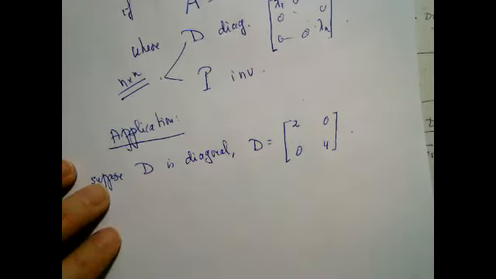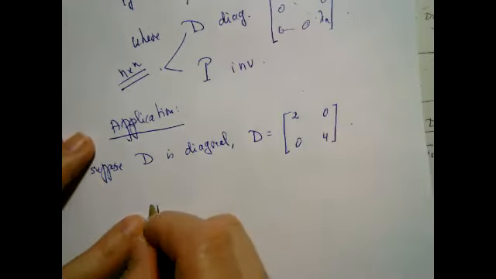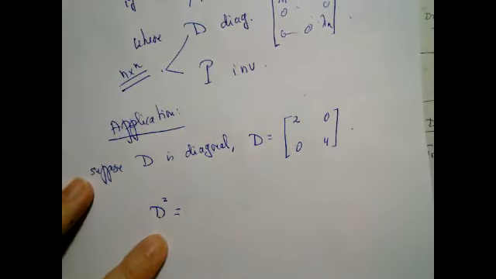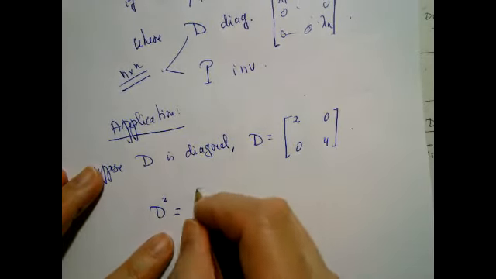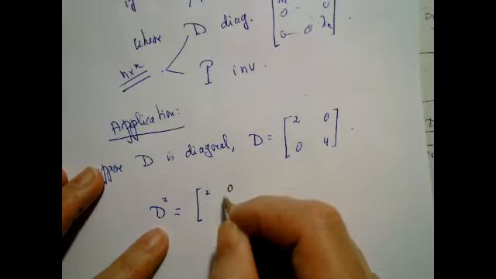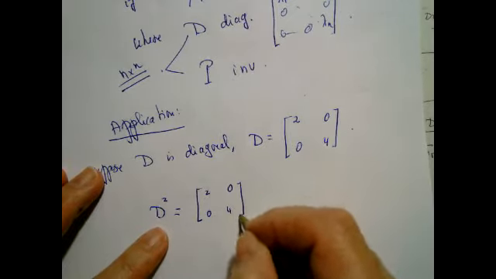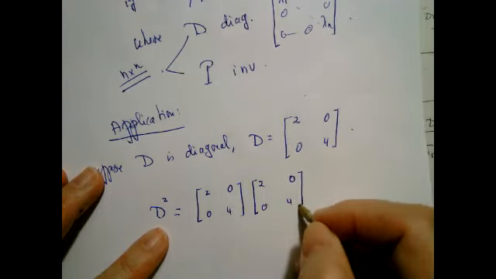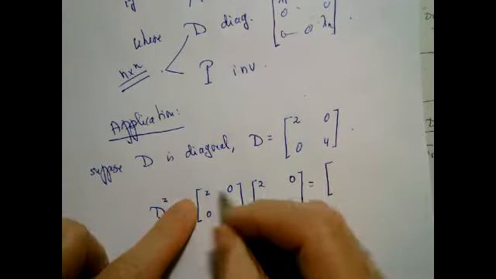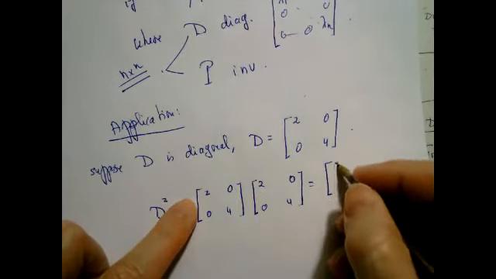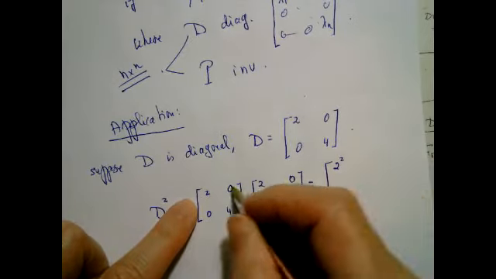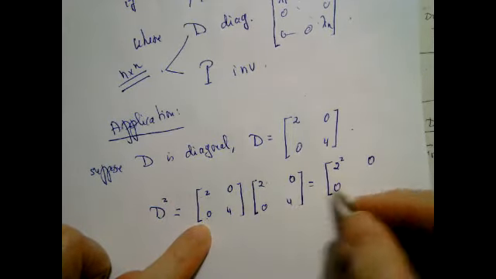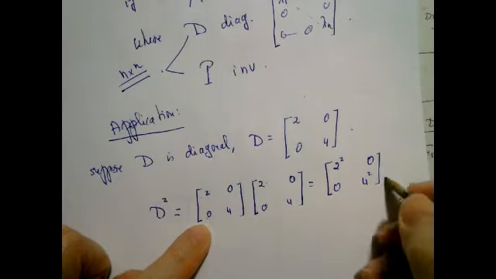And I'm going to start taking powers of D. What do I mean? Suppose I take D and multiply it by itself. What happens to the matrix? So D squared means D times D. I multiply it, row by column: 2 times 2, 0, 0, we get 4 squared.